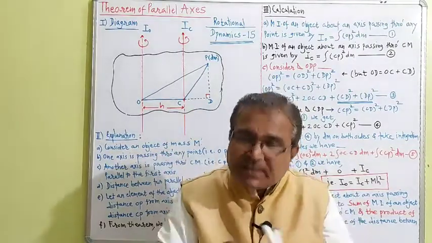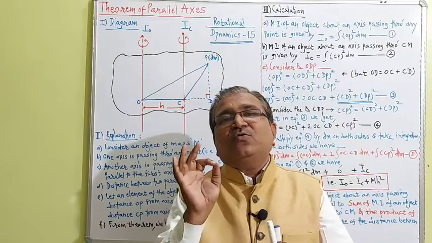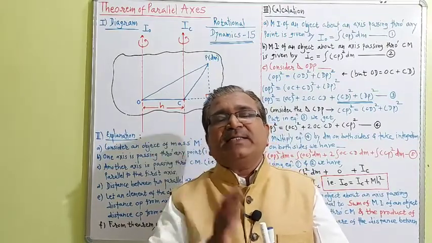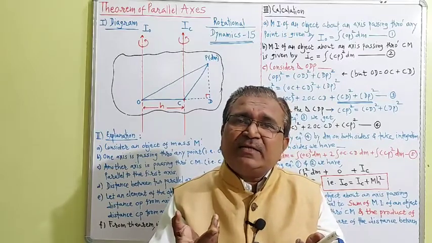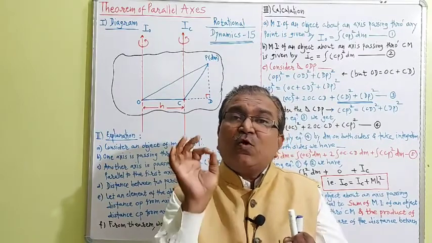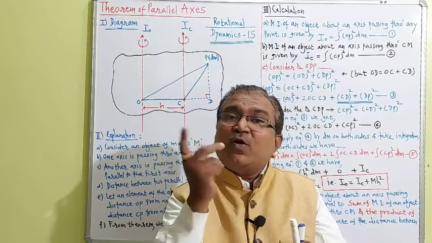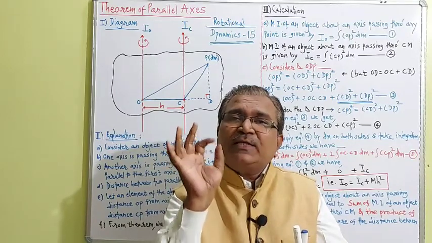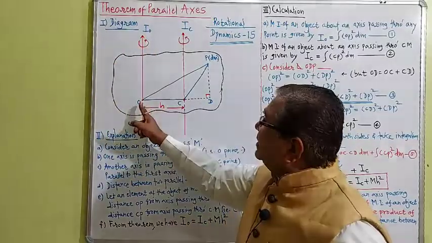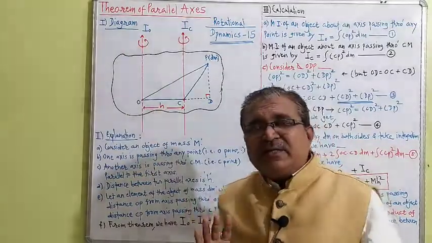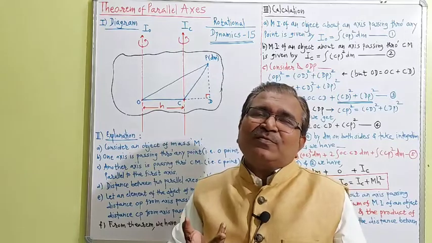Then using that equation, we have to write the principle or theorem of parallel axis. How can we write it? What is IO? IO is the moment of inertia of a body about an axis passing through any point. I will repeat again.